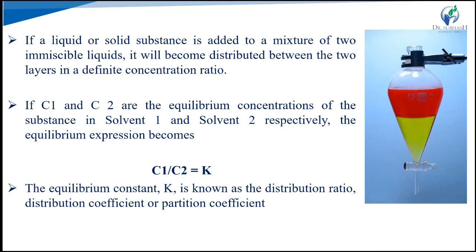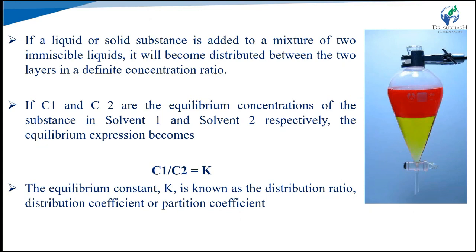itself between the two phases, the organic and aqueous phases, so that each becomes saturated. And if the substance is added to the immiscible solvents in an amount insufficient to saturate the solution, it will still distribute between the two layers in a definite concentration ratio.